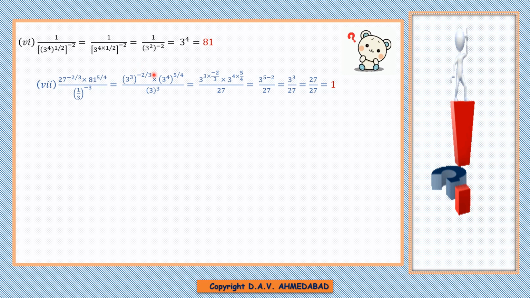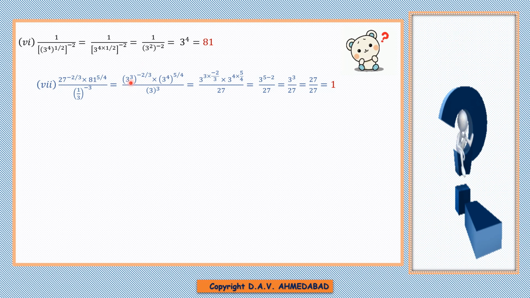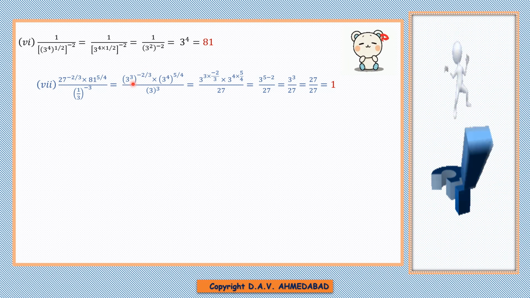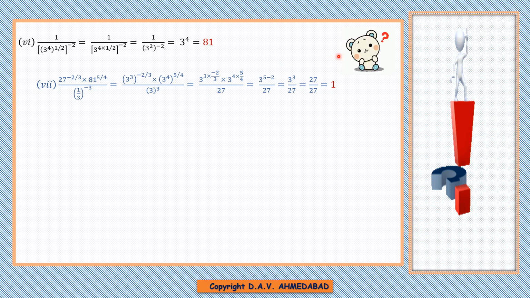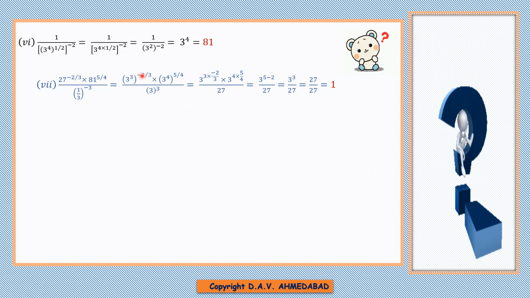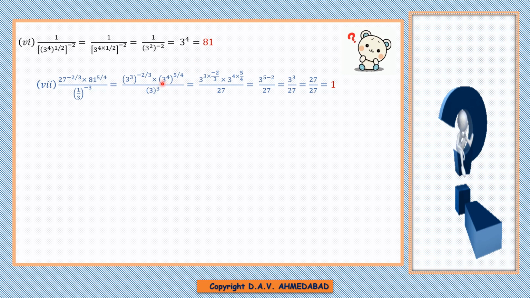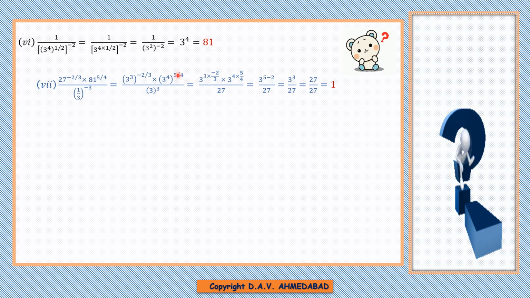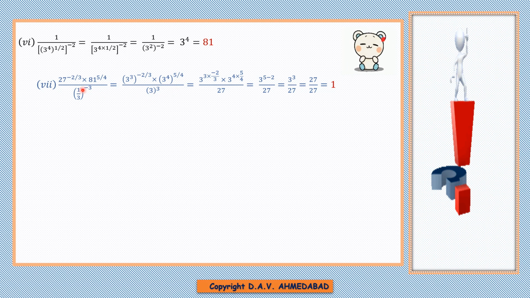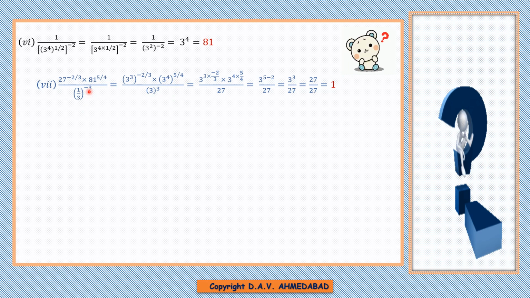So that we can cancel 3 with 3. So we will have here 3 raised to the power minus 2. Right? Then 81 can be written as 3 raised to the power 4. Again 4 cancel. So we will have 3 raised to the power 5. And in denominator 1 by 3 raised to the power minus 3 can be written as 3 cube.